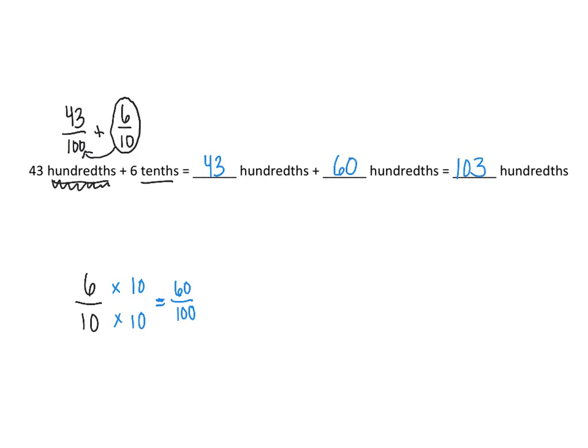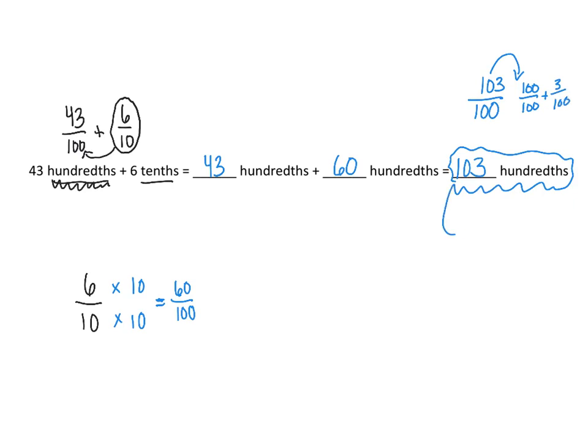103 hundredths. And again, if you looked at this one, this would be an improper fraction because it would look like this. Right? And in order to convert that, we would have to pull out those wholes. And there's only one whole in that. And we're left with 3 hundredths.